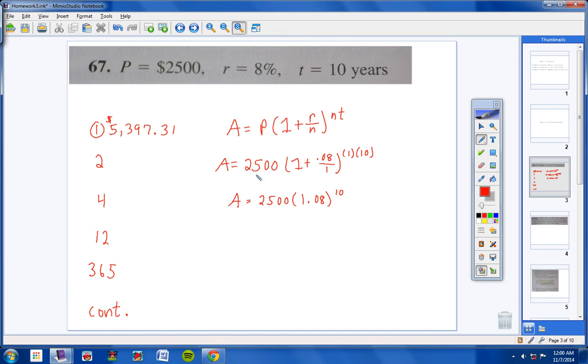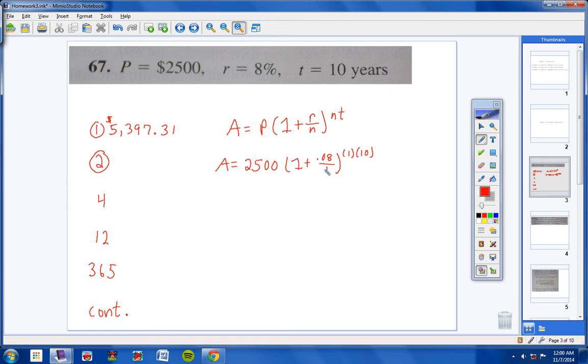Now, I'm not going to do all of these for you over and over, obviously, but I will fill each one in for you. So here's what I mean by that. The next thing they want us to do is find the balance of your money after you've left it in the bank for 10 years, with it being compounded 2 times every year, so twice a year.